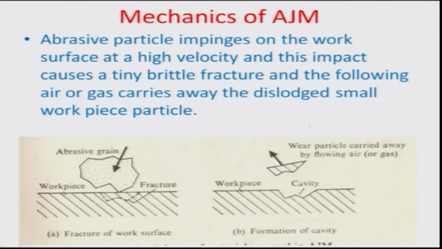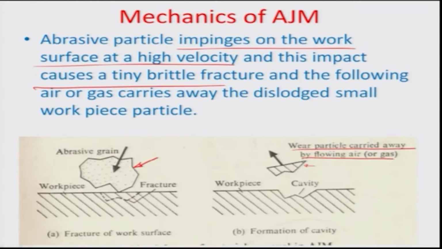As far as the mechanics of the AJM process goes, this is for example a sharp abrasive particle with various edges and corners. It impinges on the work surface at a high velocity, and this impact causes a tiny brittle fracture. You can see that corresponding to the shape of this abrasive particle, a cavity has formed because of a sudden fracture of the material, and the flowing air or gas which carries the abrasive carries away the dislodged small part.